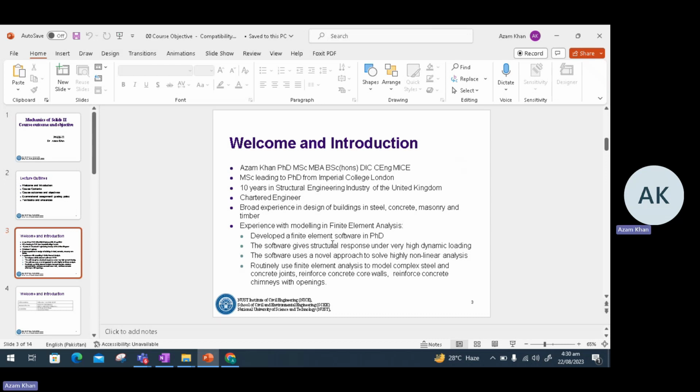In the industry, I've mainly worked in steel and concrete structures. Here at NUST, my research is mainly focused on finite element analysis. This includes finite element analysis of steel and concrete structures. We do different types of modeling and try to verify our modeling by performing experiments.